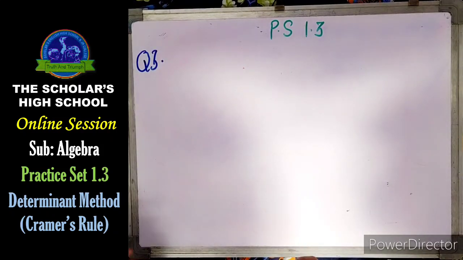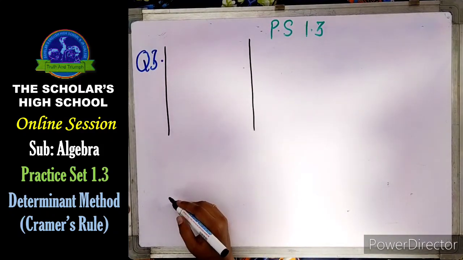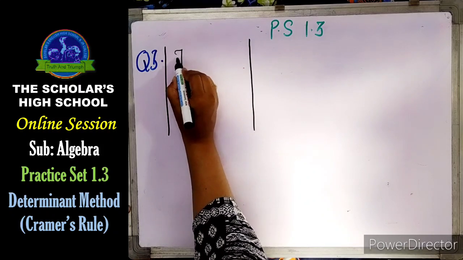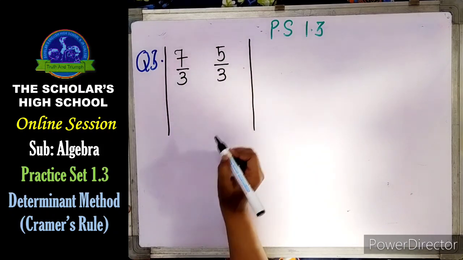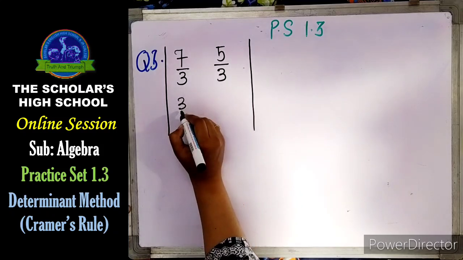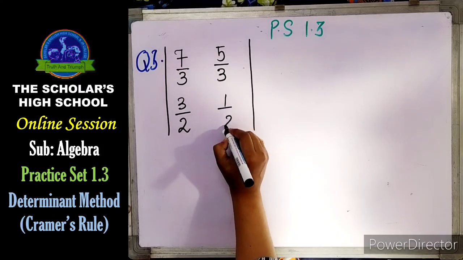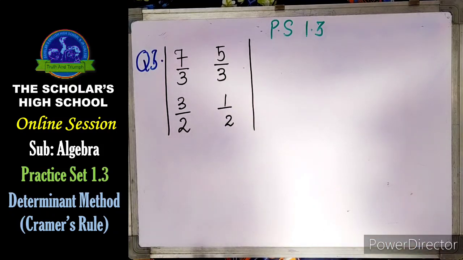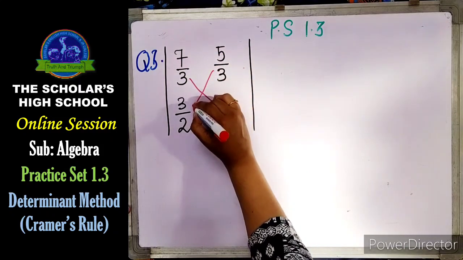It is in fractions. We'll write the question first. In the rows we are going to write 7 upon 3, 5 upon 3, and below 3 upon 2 and 1 upon 2. So there is nothing new in it. You just have to multiply in a cross form.